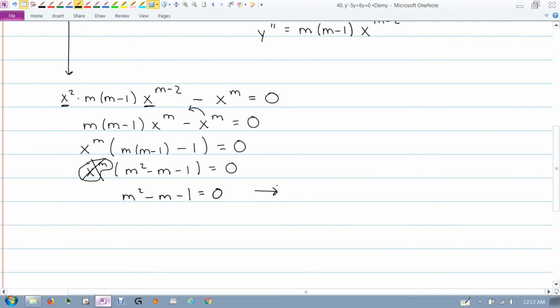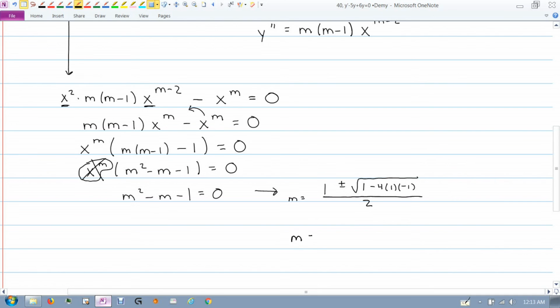For that, I'm going to use the quadratic formula. So I'm going to be using negative b plus or minus the square root of b squared minus 4ac, all of that over 2a. You've heard that before. So m must be equal to 1 plus or minus the square root of b squared, which is 1, minus 4 times a, which is 1, times c, which is negative 1, all over 2 times 1, so that's 2.